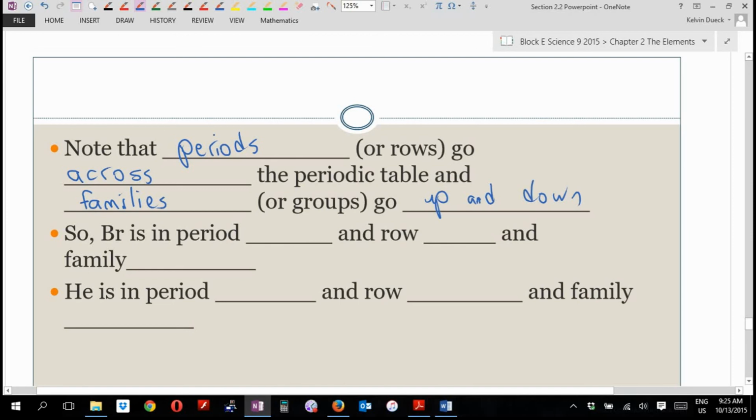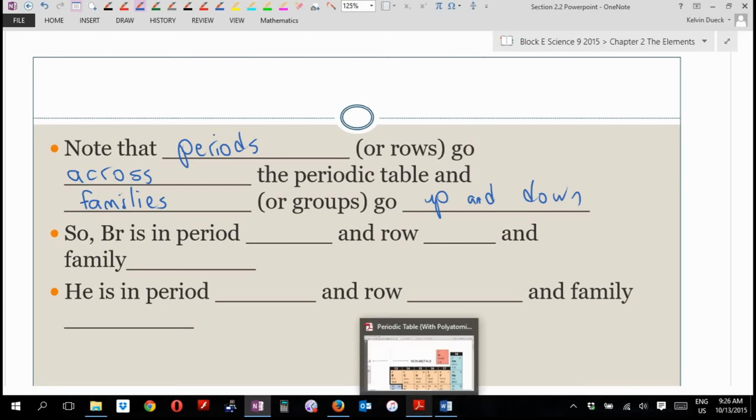So bromine, on your pink periodic table, can you find bromine, please? What element number is it? You got it? It's in period what? Count down what row it's in from the top. Careful, I don't think it's 3. Isn't it 4? Because the 2 ones at the top make a row.